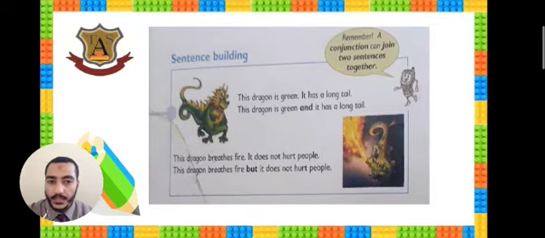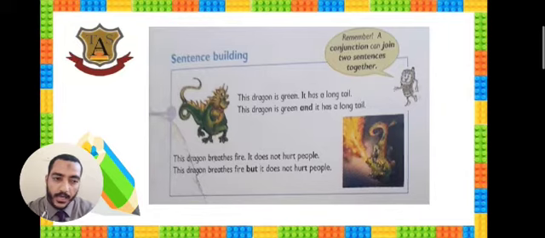I ran after the bus. I didn't catch the bus. So this is the contrast between these sentences.